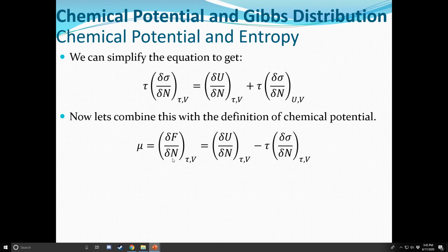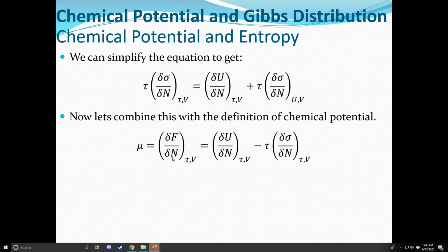Now we know that chemical potential is defined as the partial derivative of the free energy with respect to the number of molecules. If you remember, free energy is equal to the internal energy minus the heat added to the system.